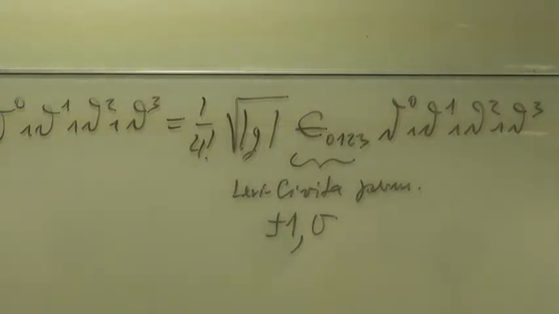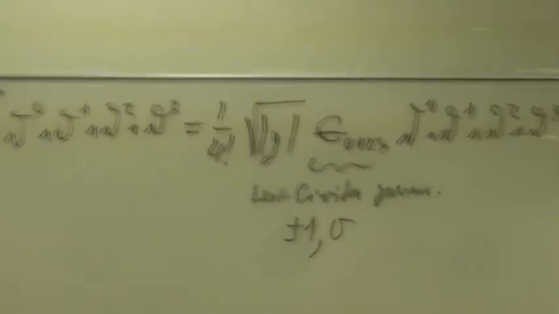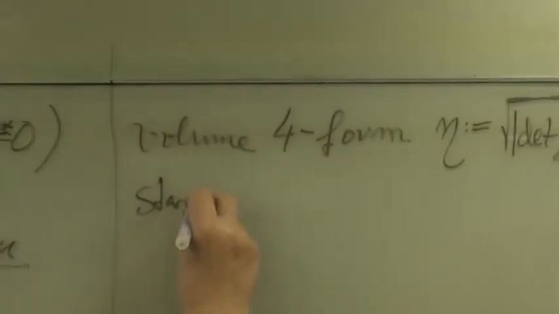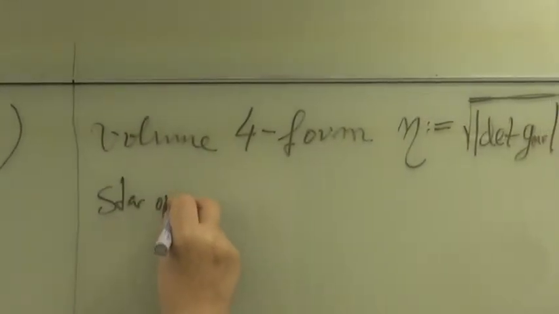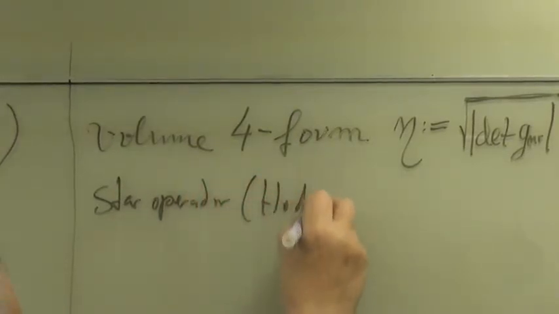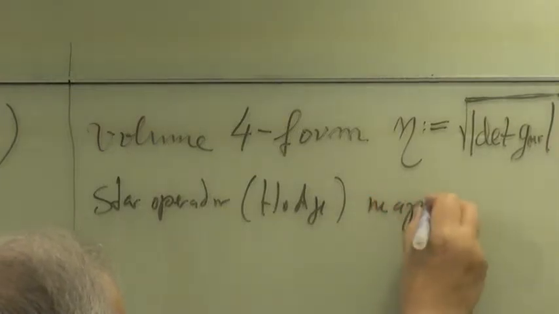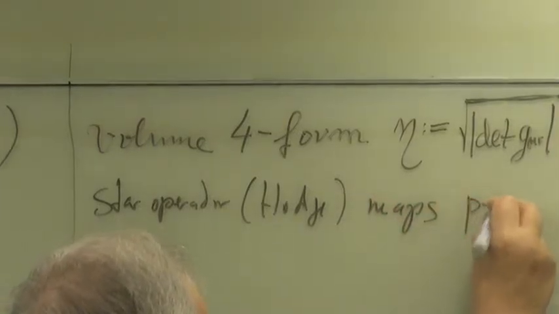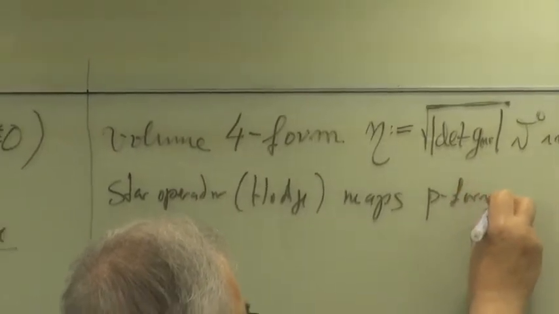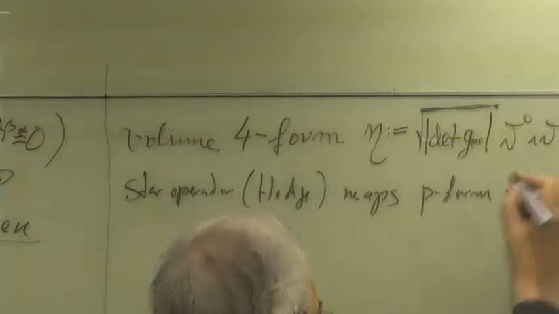So you can also write it with a Hodge star, which is an operator. We use an operator which we call the star operator or Hodge operator, which maps p-forms into n minus p forms, in 4 dimensions, 4 minus p.